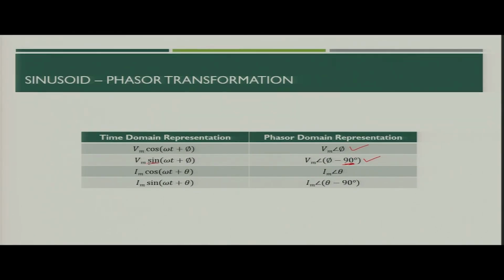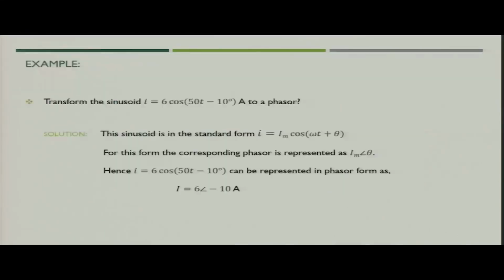Because this is in a sine term, so you have to convert it into a cosine term, and then you get Vm angle phi minus 90 degree. Similarly, Im cos(omega t plus theta) would be Im angle theta, while Im sin(omega t minus theta) would be Im angle theta minus 90 degree, because you need to convert sine into cosine before converting into the phasor domain.